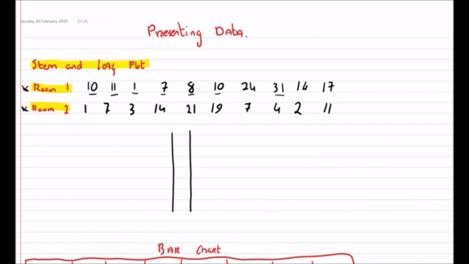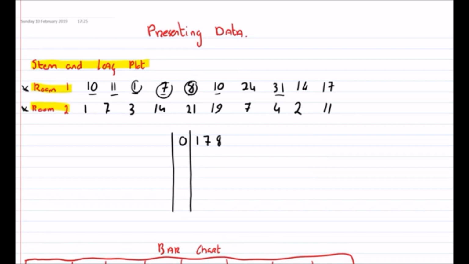Okay, so that would be just a practice one. 3 will go in here, 1 will go outside. Okay, we're going to start off with our smallest number, and that's 1, so it's going to be a 0 here and a 1 out there. So that's done. The next one is a 7, so 0 in there, 7 out there. Then we have an 8, so 8 out there, 0 in there.